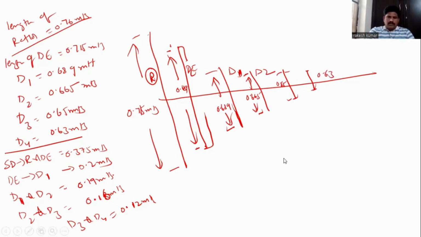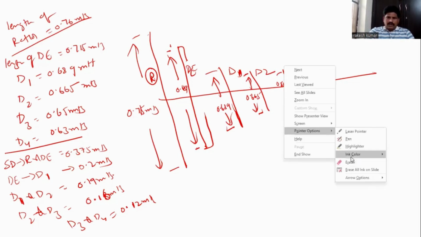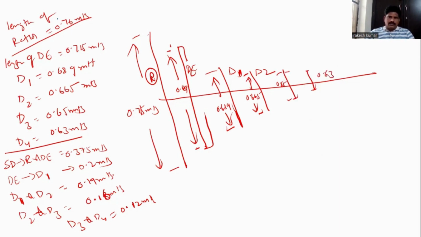Okay. And the other thing you want to keep in your diagram is the separation distance. What is the separation distance between these two, reflector and driven element? It is 0.375 meters. Similarly, between driven element and this one, it is 0.2. Between D1 and D2, it is 0.19 meters.